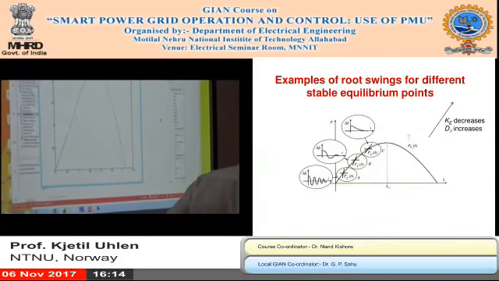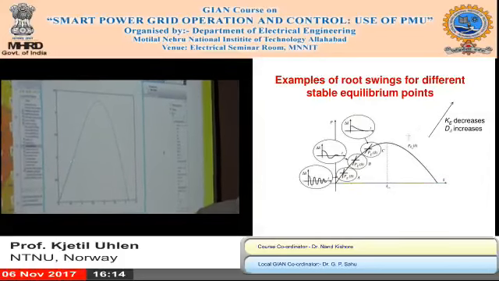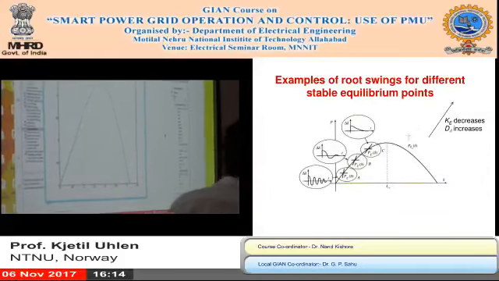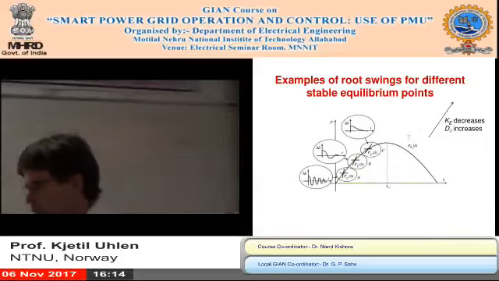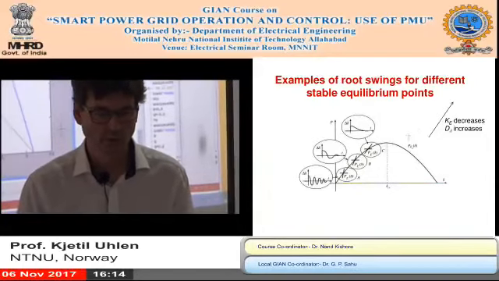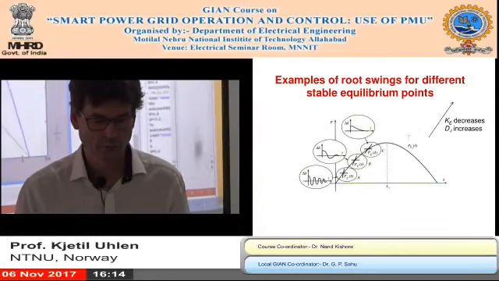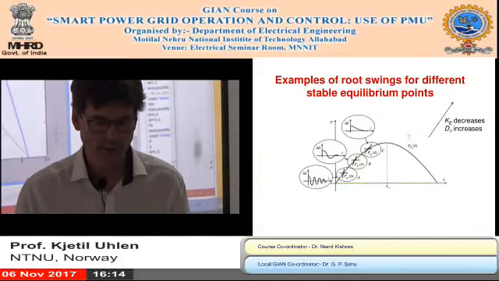But what you should note is that at 0.8, at the operating point, it's the same, of course. And I can zoom in to show that better.